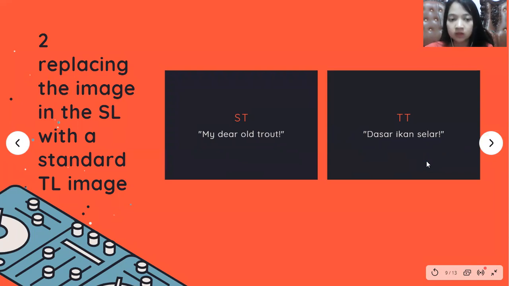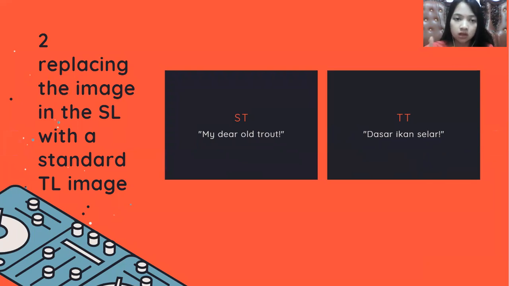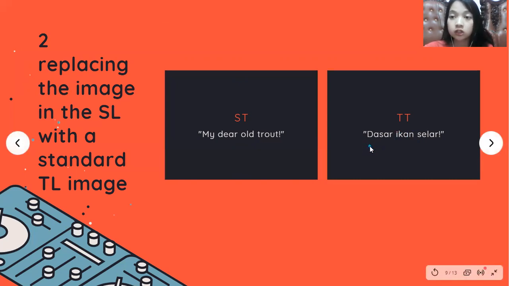It is a marine fish and it is more common in Indonesia. So by using this image, ikan selar is more familiar and more natural in the use of the metaphor. And it is also used to make an internal rhyme, "dasar ikan selar."